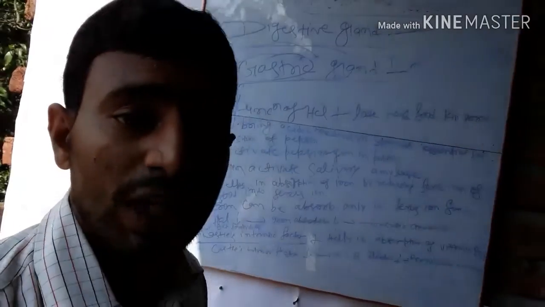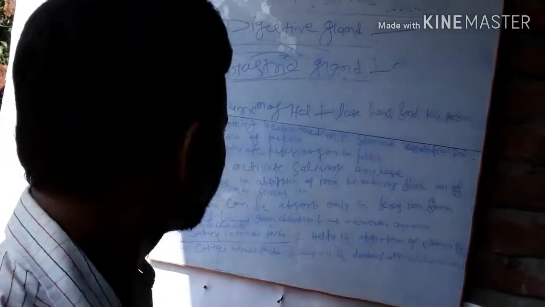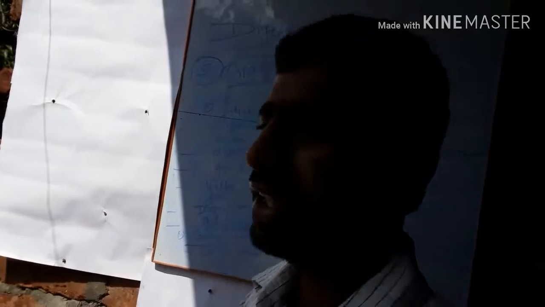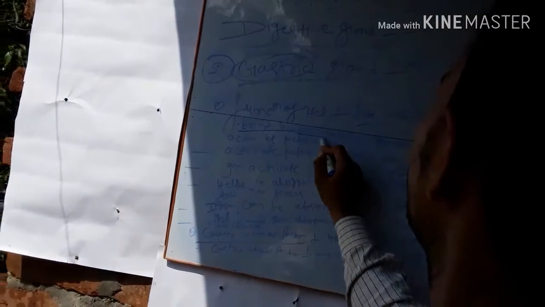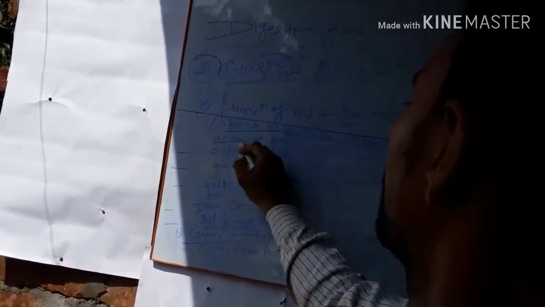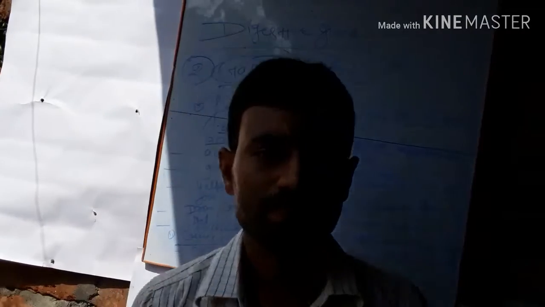So now, the function of HCl. The function of HCl is to loosen hard food and kill germs, bring an acidic medium in the stomach, and it is essential for the action of pepsin.